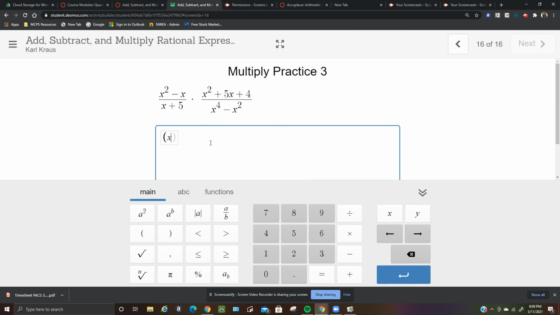This numerator factors to x times x minus 1. And this numerator, factor the denominator here.